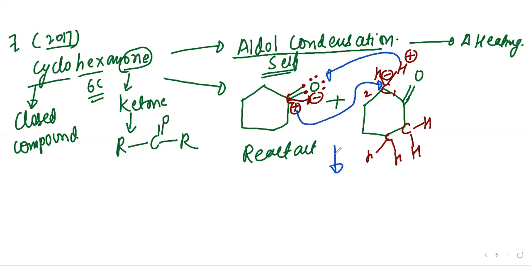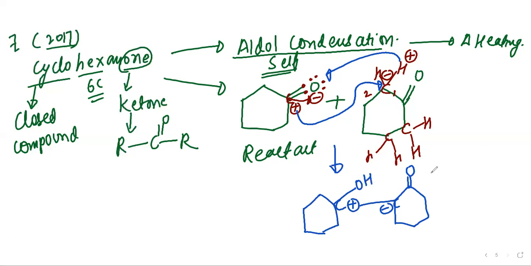So how will it look now? So this carbon is plus and it is attached with this minus, right? So this carbon is minus, right? So neighboring will be C double bond O and here OH is there. Understood?